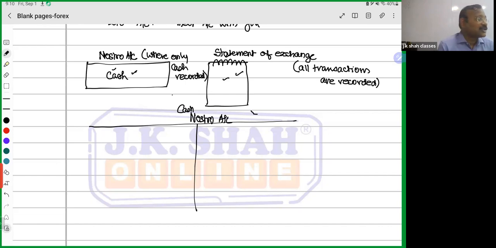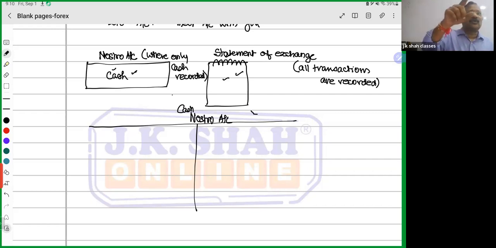You have deposited cash into the bank. Credit column, no? And any withdrawals are debited. Now remember, this cash or nostro account is a passbook, which means any cash inflow into your account will be credited and any outflow debited. Logical, no?